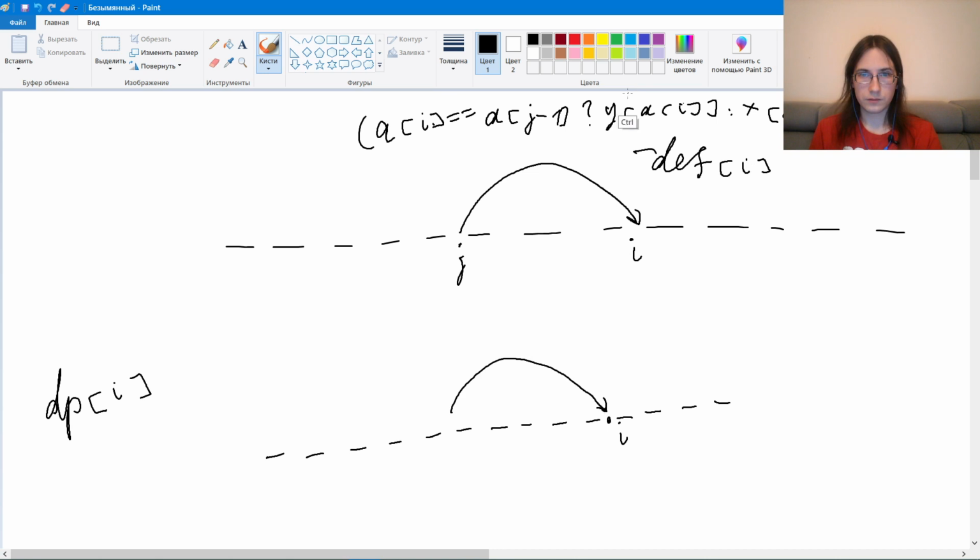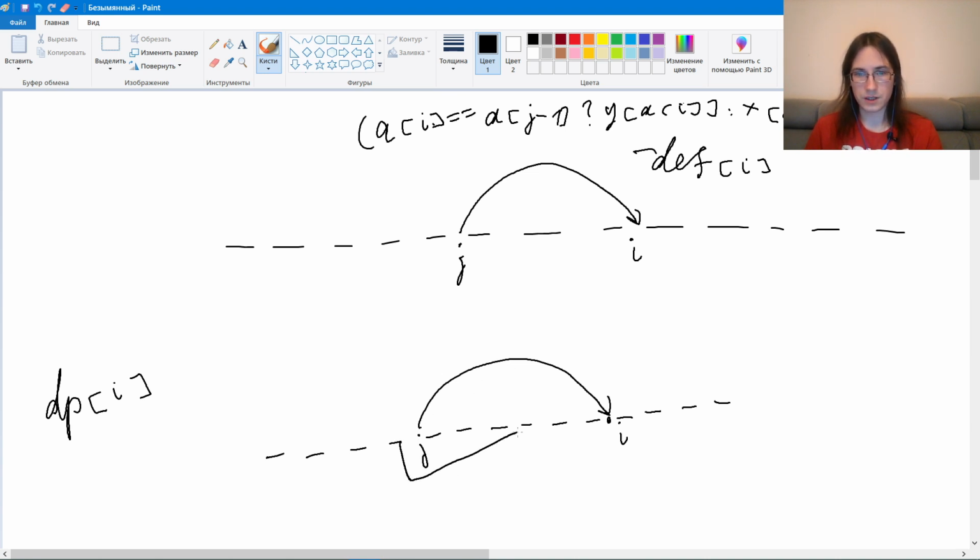But then let's first consider the case when we pay the full price eventually for this element. Then it doesn't matter where we come from. We can come from any j. In some cases, we'll pay an even better price. So in some cases, we do not check, we just allow jumping from any j.